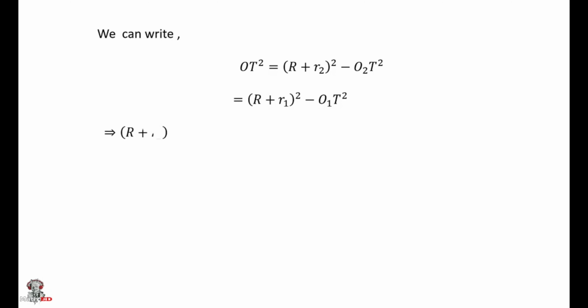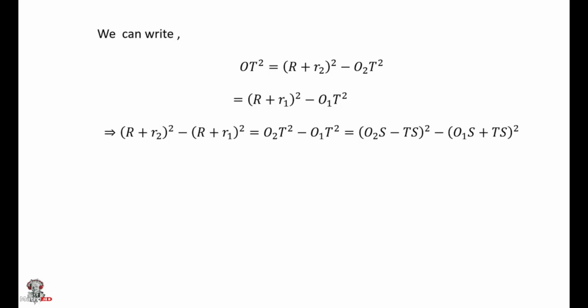So we can write that R plus R2 square minus R plus R1 square equals O2T square minus O1T square, which equals O2S minus TS whole square minus O1S plus TS whole square. Why? Because we have previously shown the values of O2T and O1T in terms of O2S minus TS and so on. Now if we expand the right side, then we should get this thing right here.